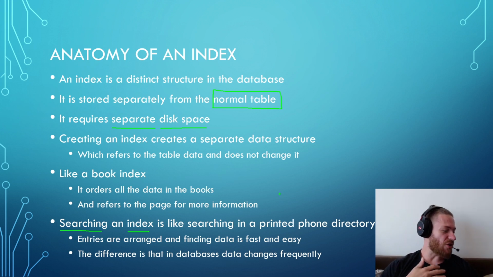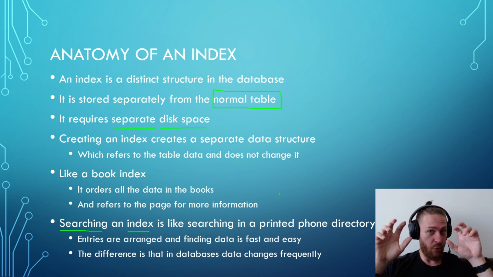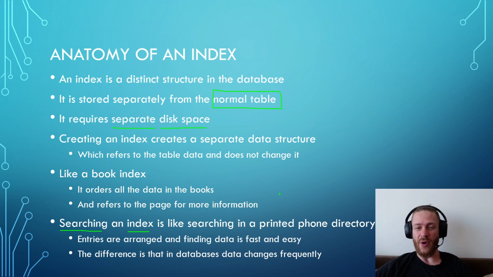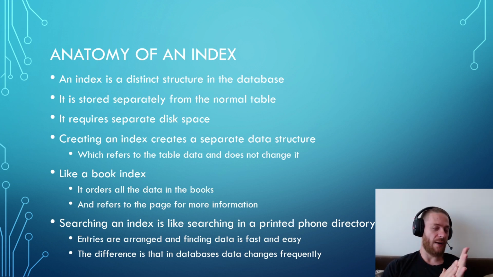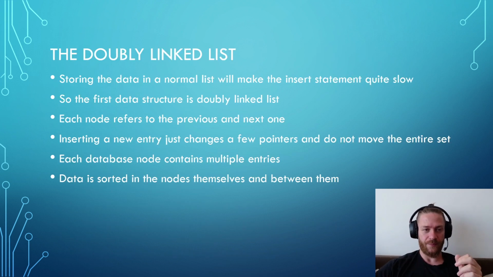The database changes frequently, so if you have a lot of indexing, you have an overhead of printing the book. So you will have a performance hit. This is why indexing should be a very considered operation. You should discuss it with your colleagues and you should design the database so that it's in the middle ground.